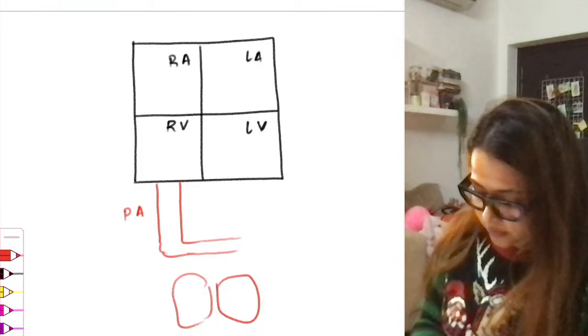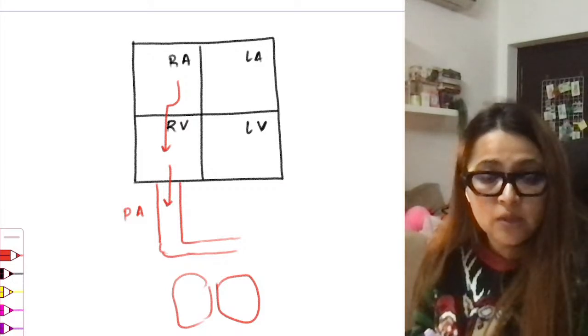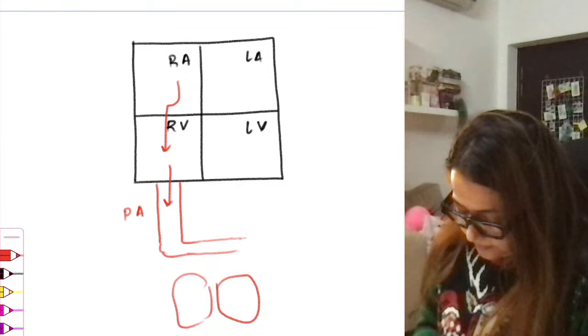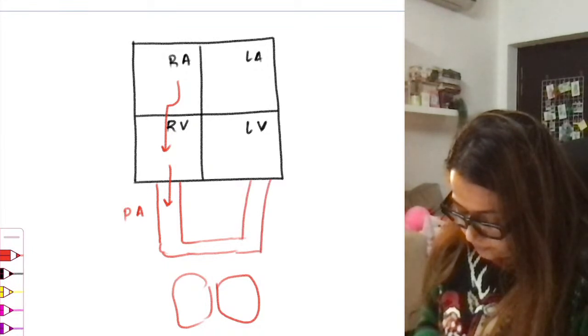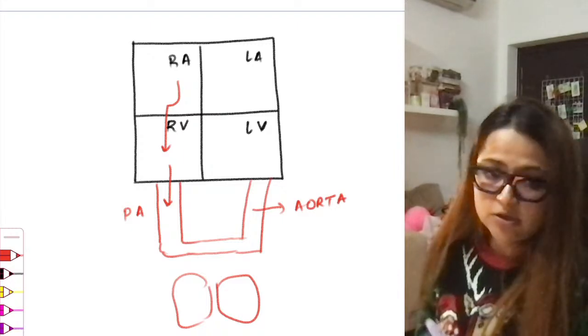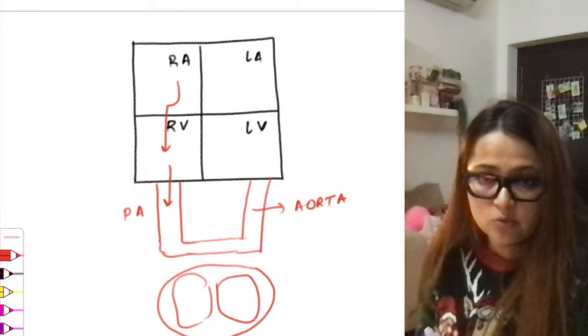While the blood goes from the right atrium to the right ventricle and from the right ventricle to the pulmonary artery, instead of this blood reaching the lungs, the blood directly goes into the aorta, and hence the lungs get bypassed.